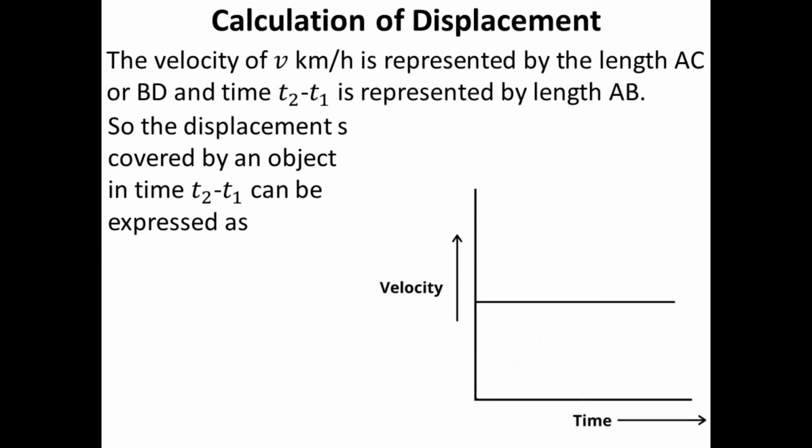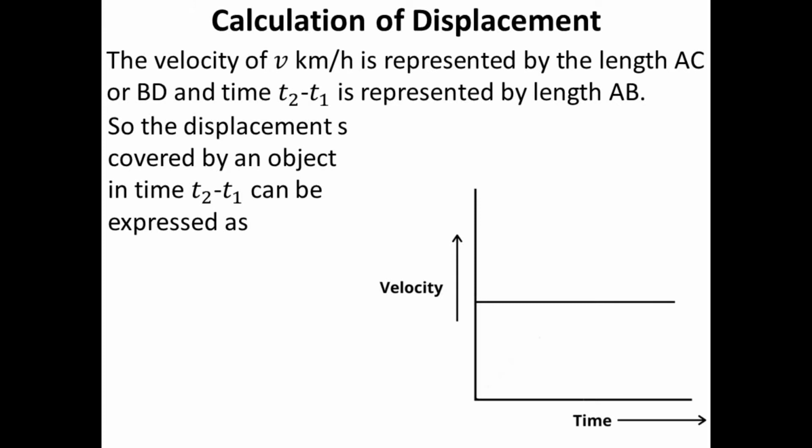Next is the calculation of displacement of an object moving with uniform velocity using its velocity time graph. We know that velocity is displacement divided by time. So, the displacement is the product of velocity and time.